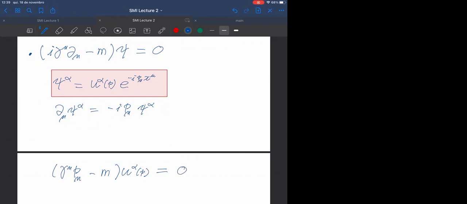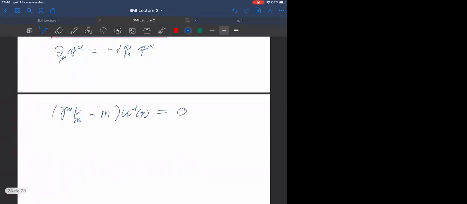This is equivalent to the previous one. The minus has disappeared because you have minus i times i. Osvaldo was asking, isn't there a minus here? No, because you have minus i and i here.